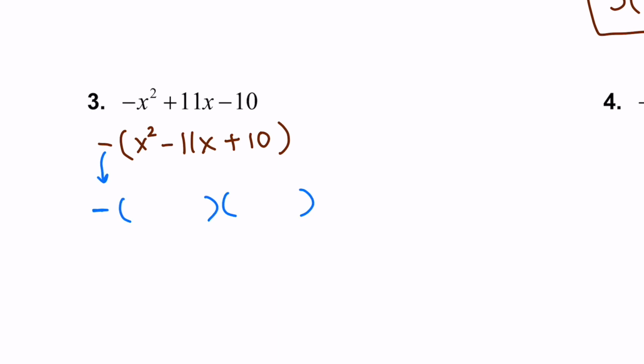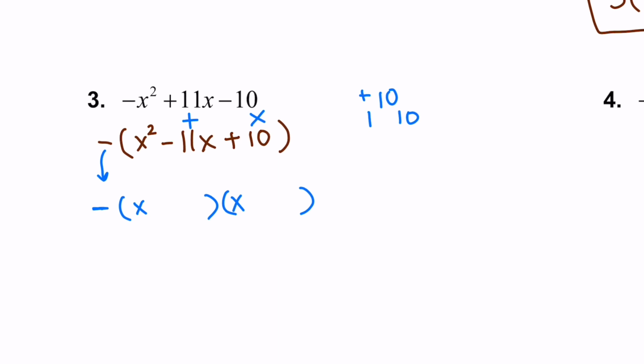But since there's not a number in the front of the x squared, we can just have the easy factoring where we have an x and an x. First we learn to add, then we learn to multiply. We're looking for two things that multiply to 10 and add to negative 11. So 1 times 10 adds to an 11, but we're looking for a negative 11.